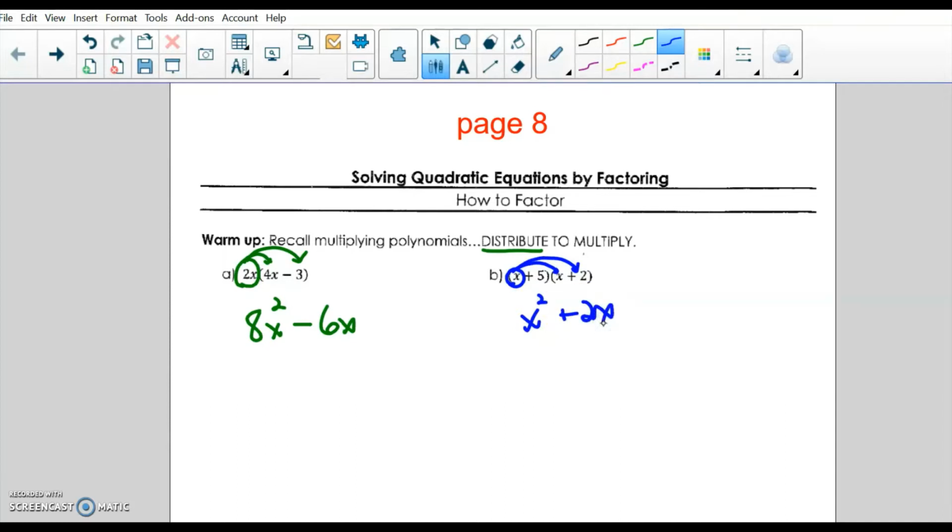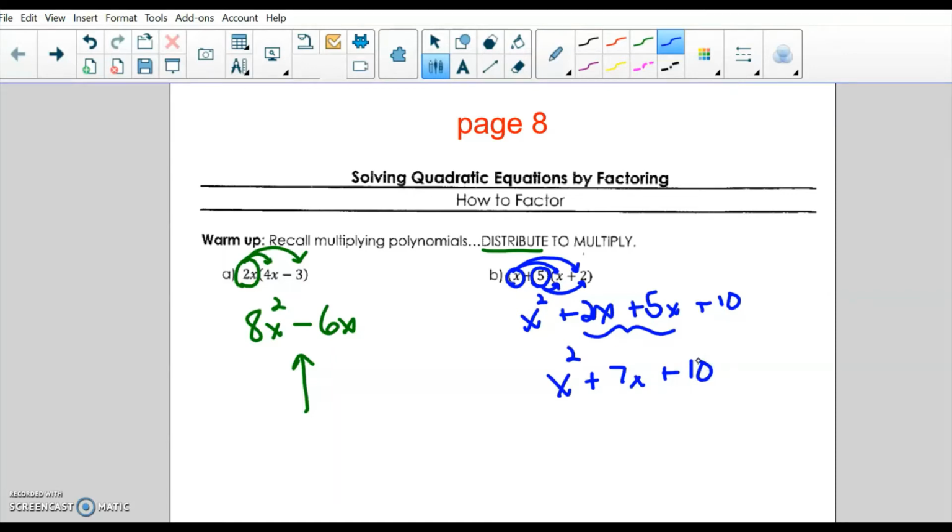Now on the green problem, there were no like terms, so there was nothing to add and subtract together. Over here on the blue problem, however, we have 5 times x, which will be 5x, and now we will have something to combine like terms eventually. Finishing up the multiplication with a 10, we can finish this entire problem through simplification. So x plus 10. So that's how to multiply.